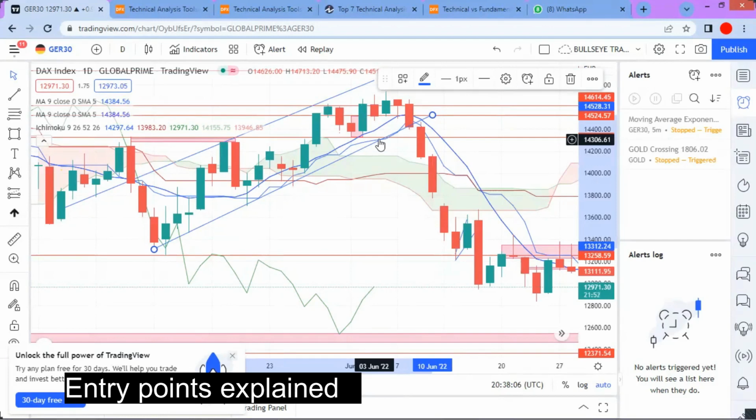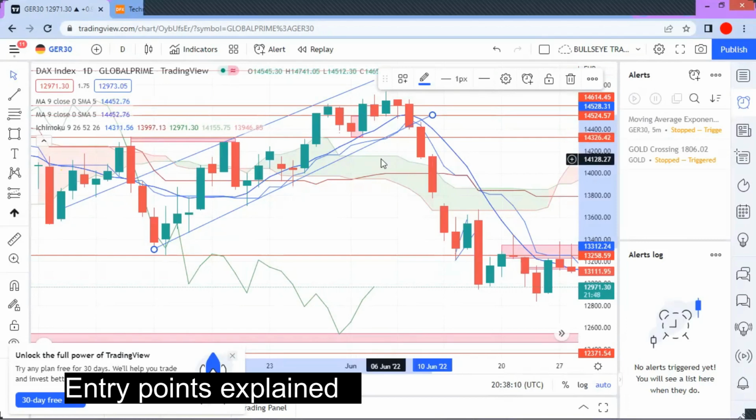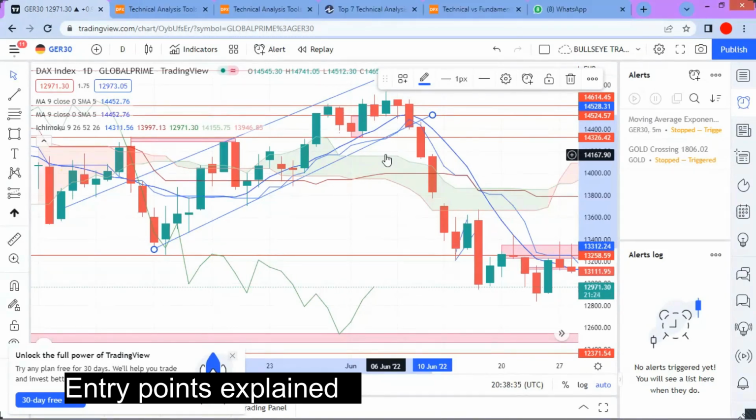When it comes back again, you can add another order, but make sure that you place the first order, and when it hits profit, you place another one, so that your profit can protect the new order. You understand? That is part of the risk management, right?